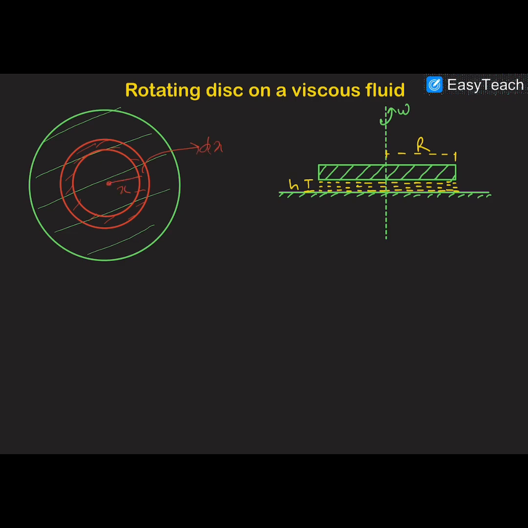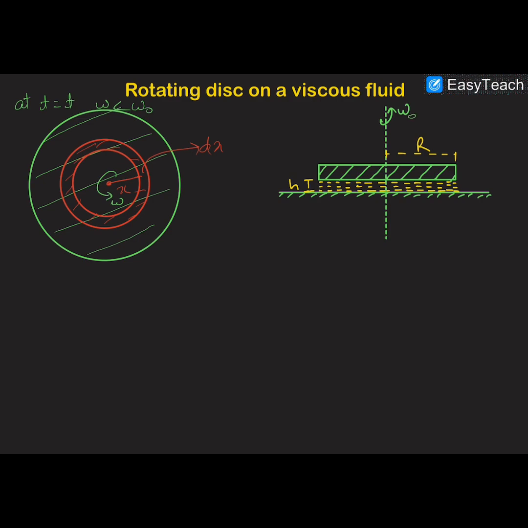Suppose this is the scenario at time t. At this time the angular velocity omega will be slightly less than omega naught, because as time passes, the angular velocity will decrease, and the initial angular velocity was omega naught.